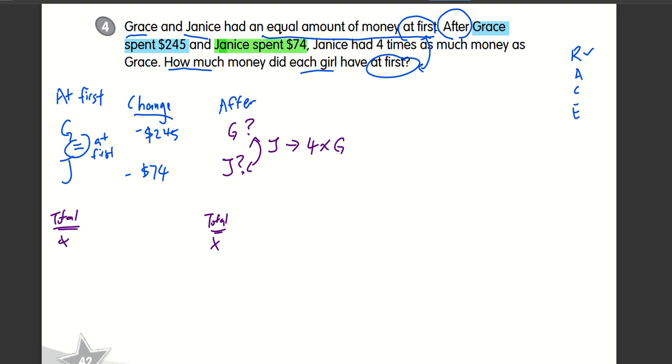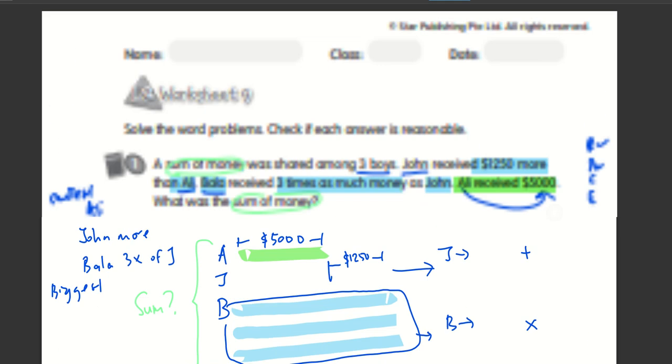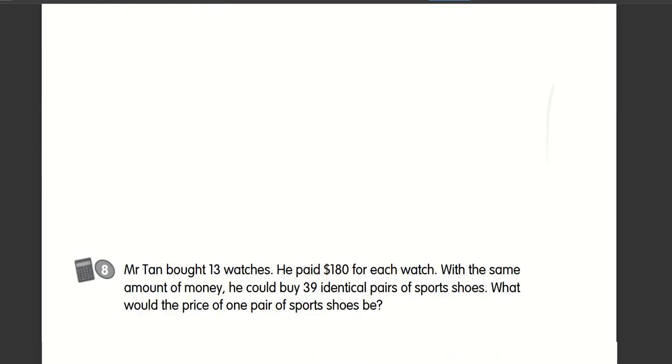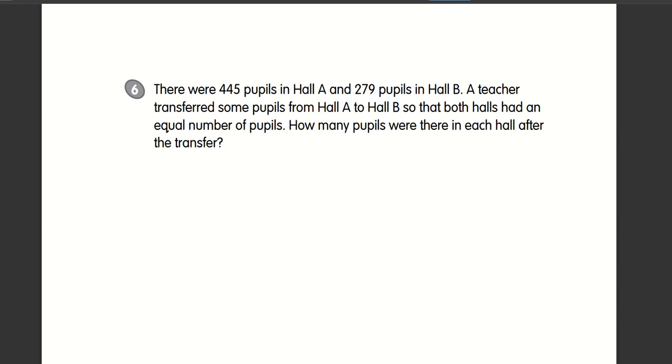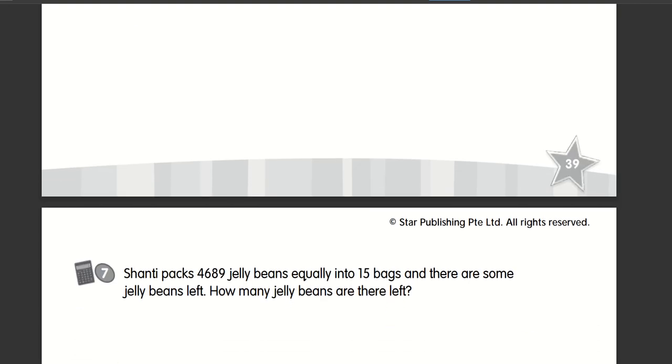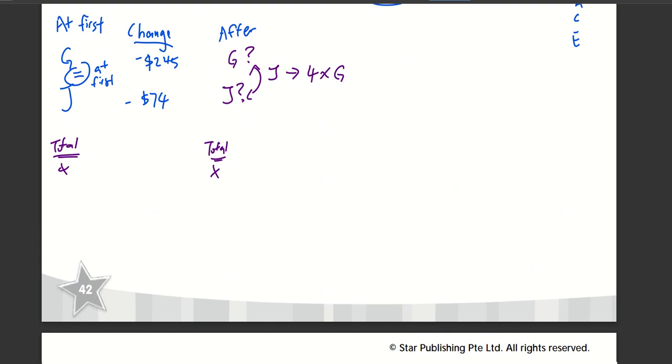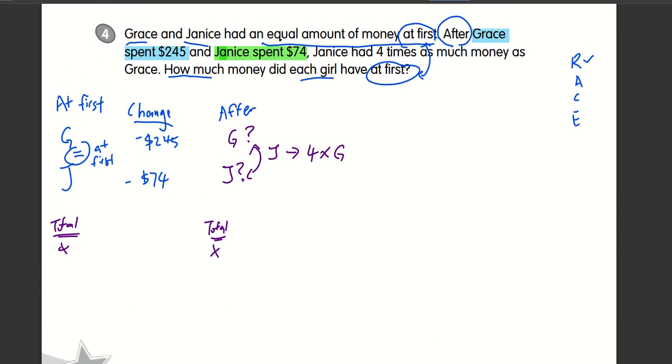So they gave away the money, compared to the previous question, like this one here that we did in class, question 6, it was transferring between the two halls. So meaning the sum of the pupils in the two halls didn't change. So the total didn't change. In this case, the total did change, right? In question 6, the total, yes, it changed.